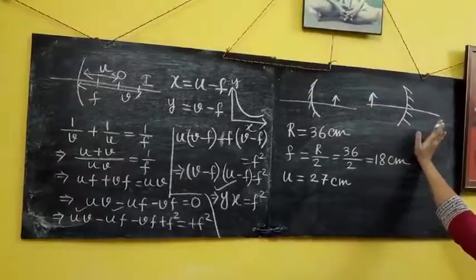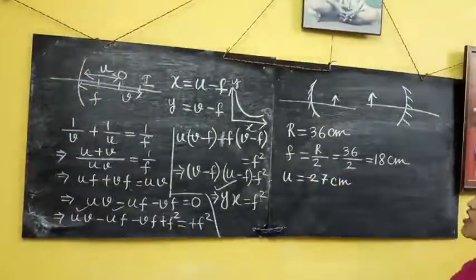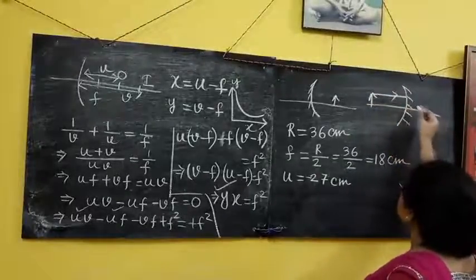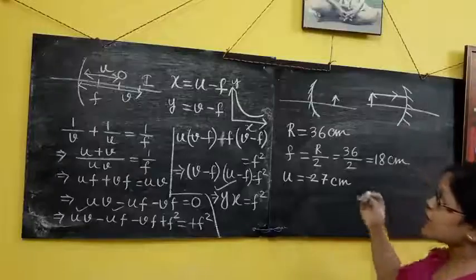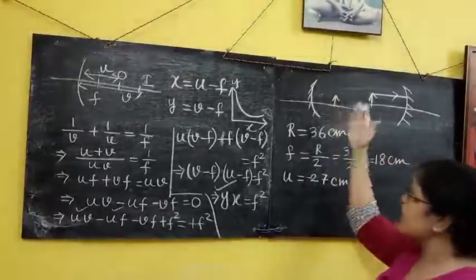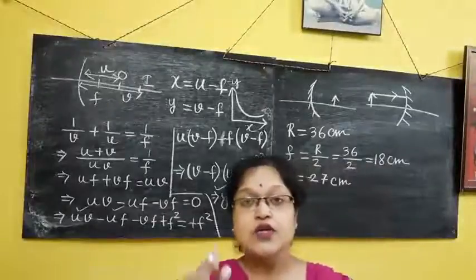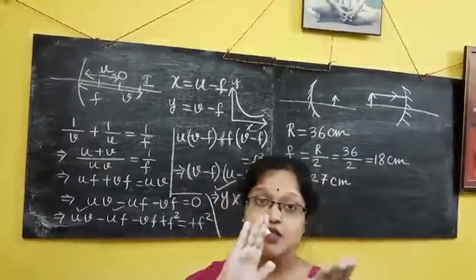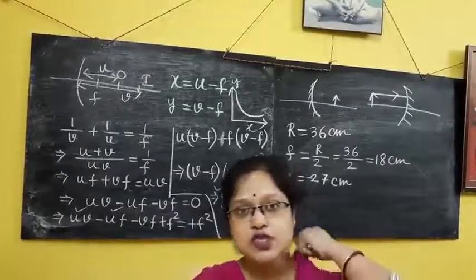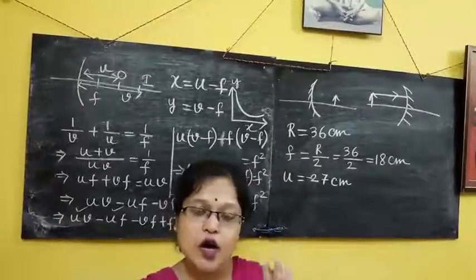Obviously the object distance is on my left hand side, so U will be minus. This is the incident ray. Now you can ask me, ma'am, why am I not holding my mirror like that? I can hold my mirror like that also, like this also. But you have to precisely choose any one, meaning the direction in which you rotate the mirror. Otherwise there will be a huge mistake. So you have to take a reference, meaning what should be your object.